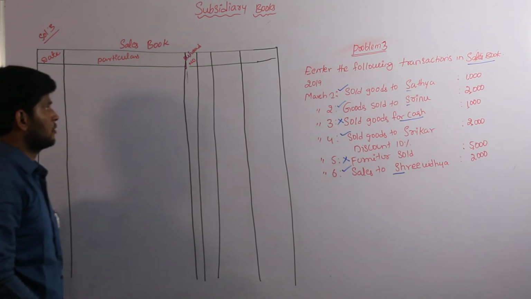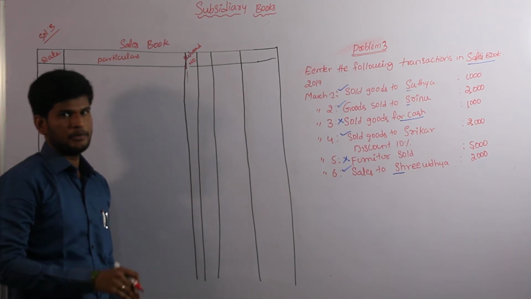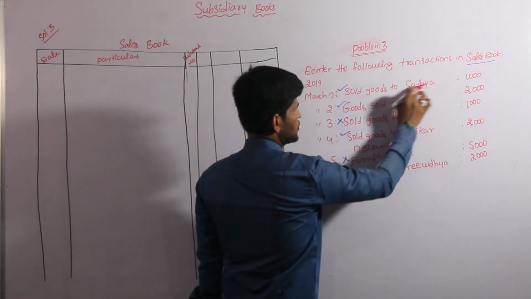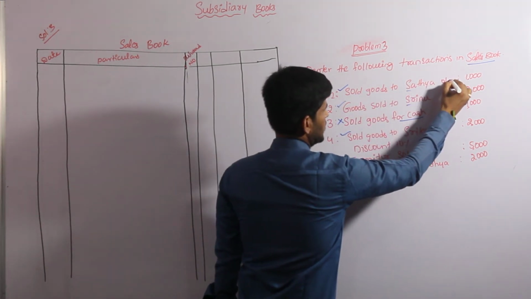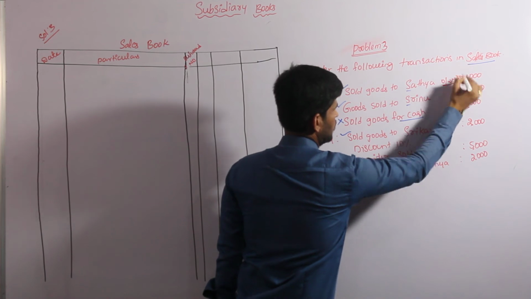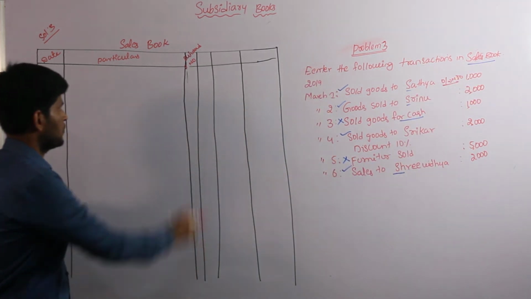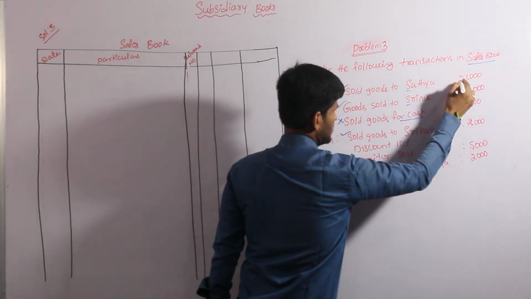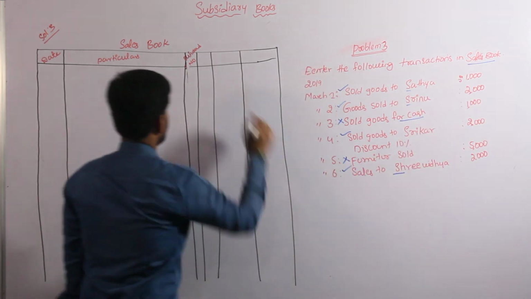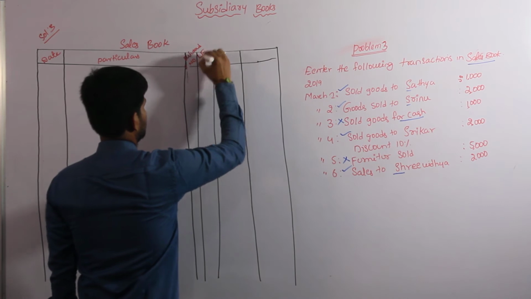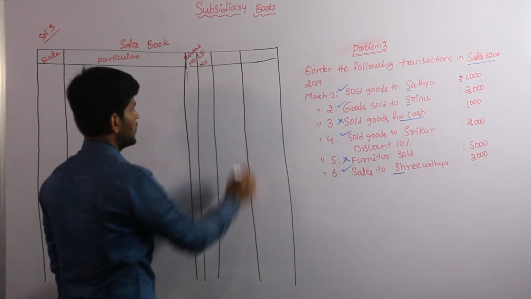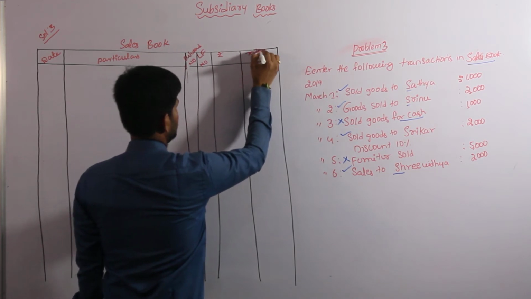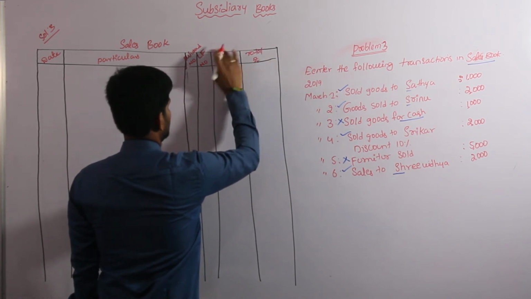Outward number is not mandatory, it depends on the proforma. If the outward number is clearly given, for example sold goods to Srinu, outward number 30, then we have to write this column, otherwise no need, but the proforma is mandatory. And the next column goes to LF, LF is nothing but ledger folio number.